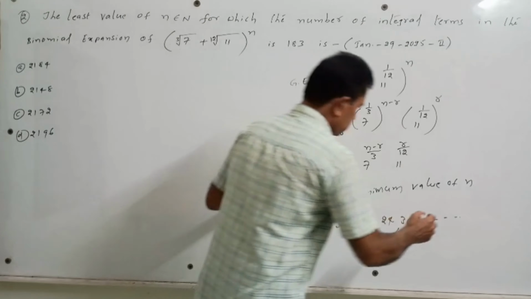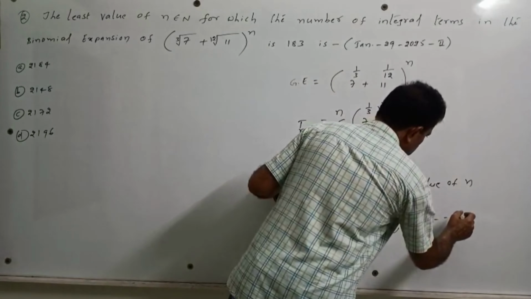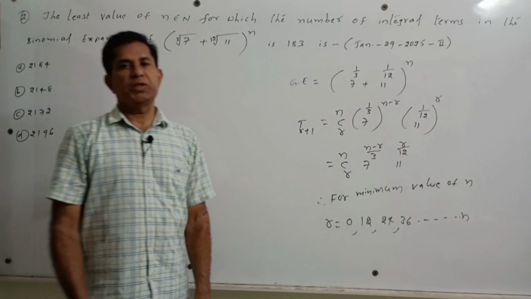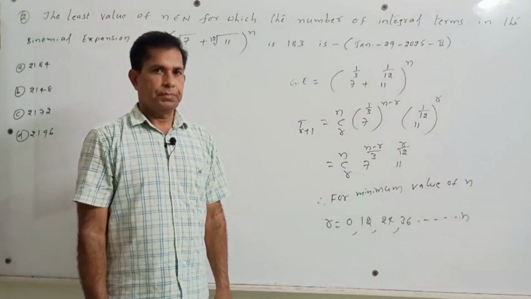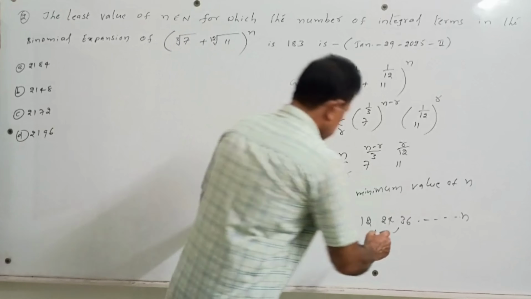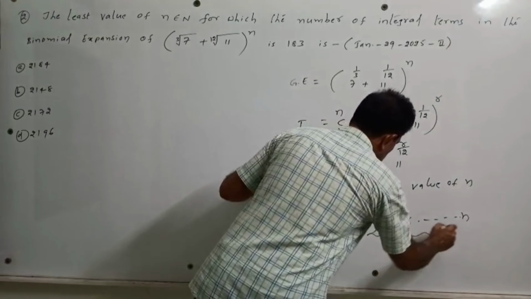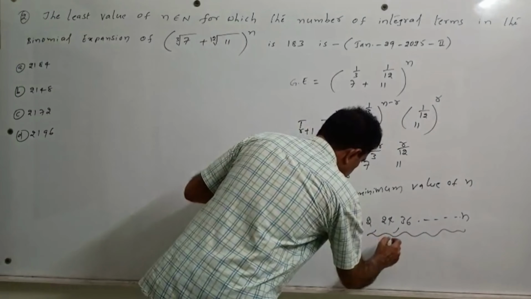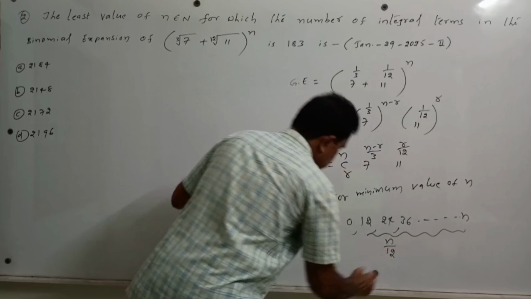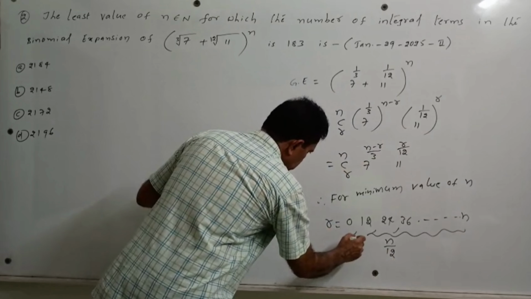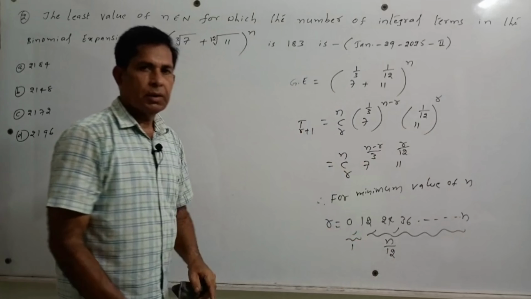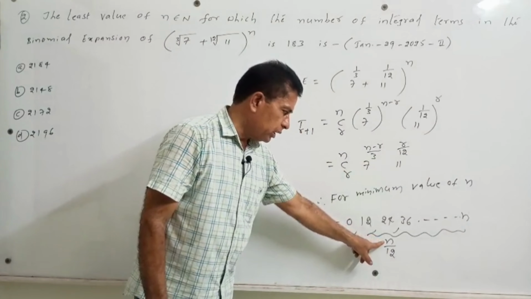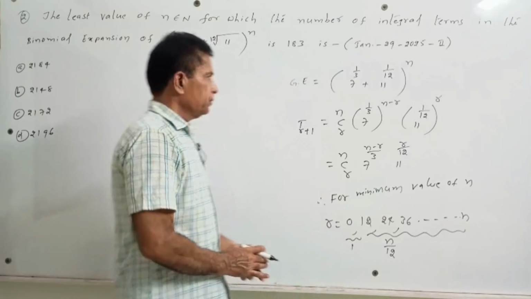Therefore I can take the last value of r as n itself, because n is a multiple of 12. So all these numbers are multiples of 12. The number of terms in the sequence will become n by 12, but one more term is there. Therefore the total number of integral terms will become n by 12 plus 1.